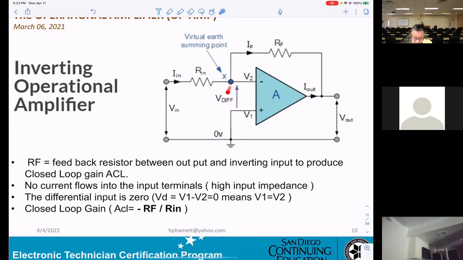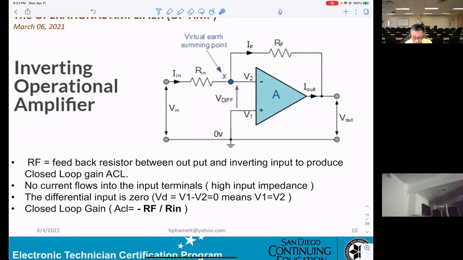V different here means the voltage difference between V1 and V2, and they want it to be 0. So V1 is connected to ground, 0 volt, and V2 at this point is also 0 volt.